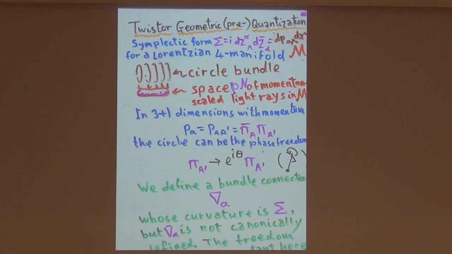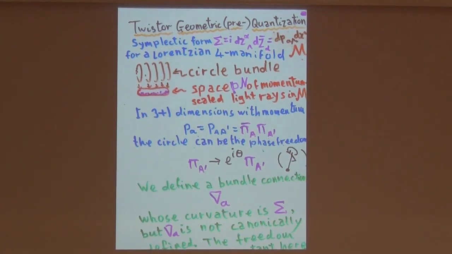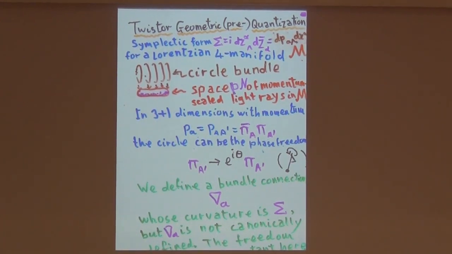And what's the first thing you do? The first thing you do is to construct a circle bundle over this space. And the beauty of it here is that if you go to what I'll call a little p of n, that's the non-projective space, in the sense you've scaled the light ray with a real scale, so it's got a momentum attached to it, which is a scaling. But now what you have to do for geometric quantization is to introduce a phase as well. And you've automatically got the phase in twistor theory. That's the beauty of it. It only applies in this number of dimensions, which I like too.